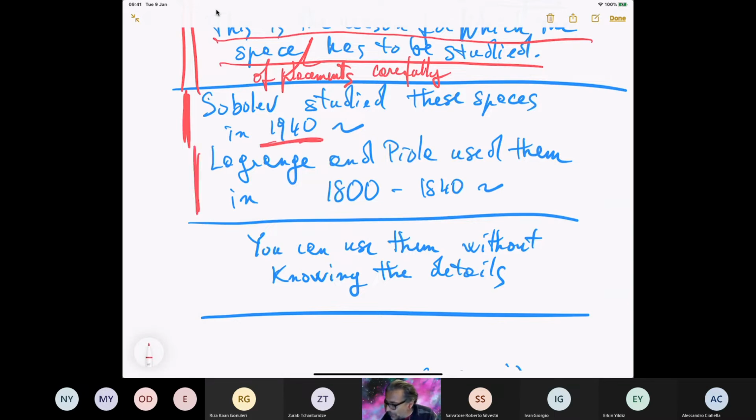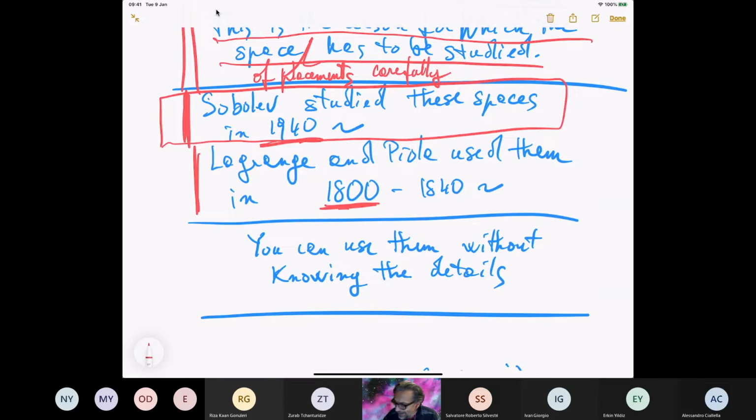But Lagrange and Piola used them between 1800 and 1840. So I decided to talk about these spaces in the way in which Lagrange and Piola did, and maybe only when some of you, hopefully many, do PhD studies, I will ask them to invest some time in understanding Sobolev spaces.